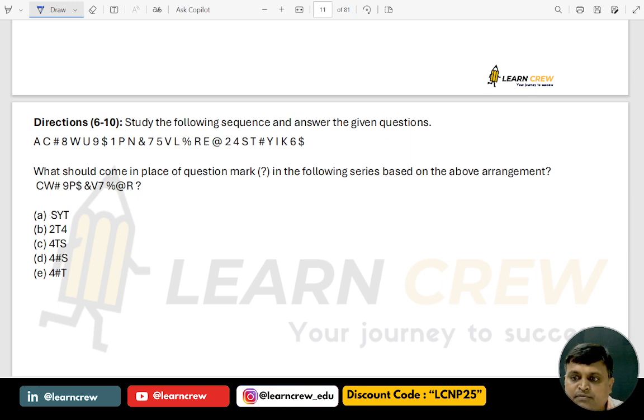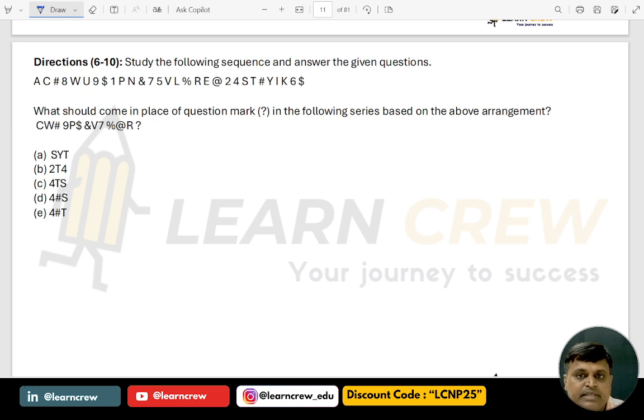What should come in place of question mark in the following series based on the above arrangement? So CW hash, then CW hash, 9P dollar and V7 percentile, R at the rate.